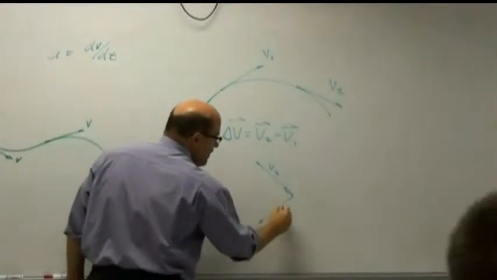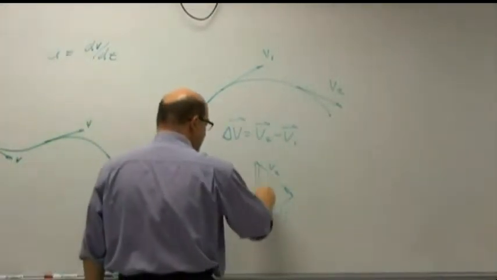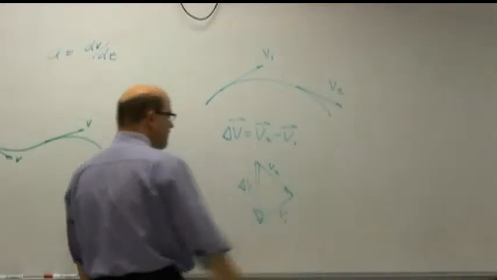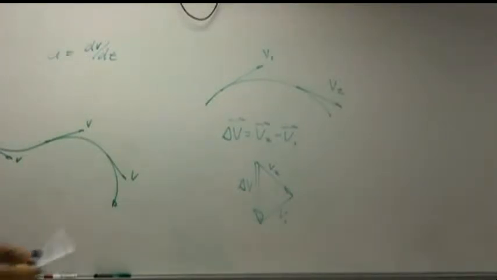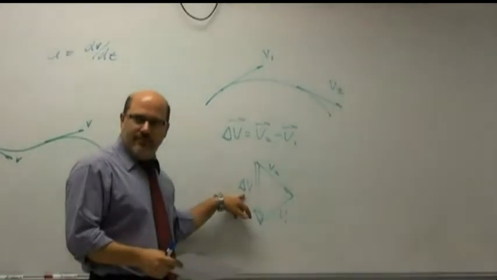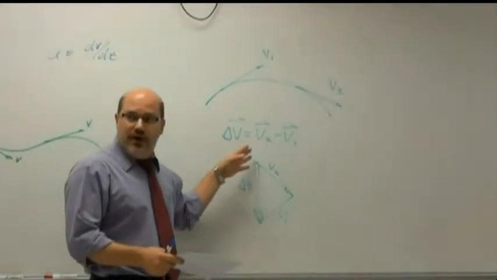There's V1. So what does delta V look like? You can think of it vectorially in a picture, and our delta V points down. Since delta V divided by t is our acceleration, the direction of our acceleration is downward.